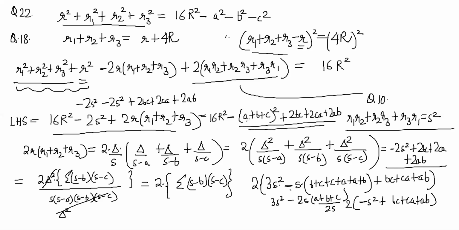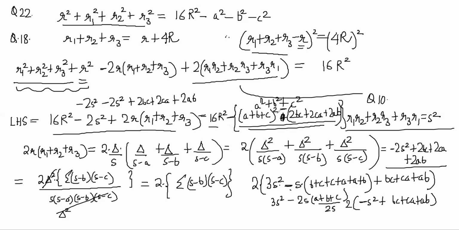Now look at this: take the minus inside and this becomes minus, and this is a square plus b square plus c square. So it is 16r square minus a square minus b square minus c square.